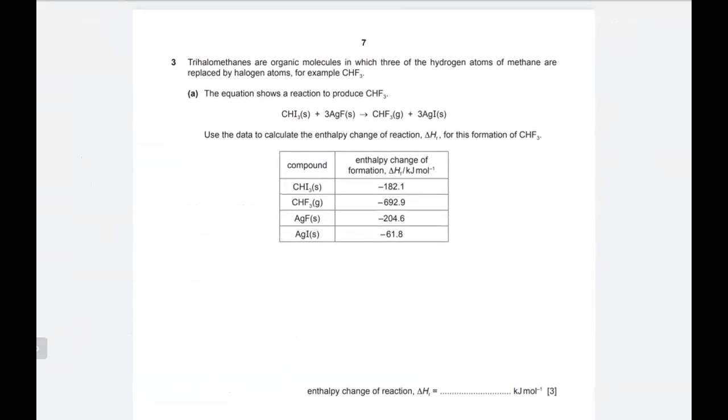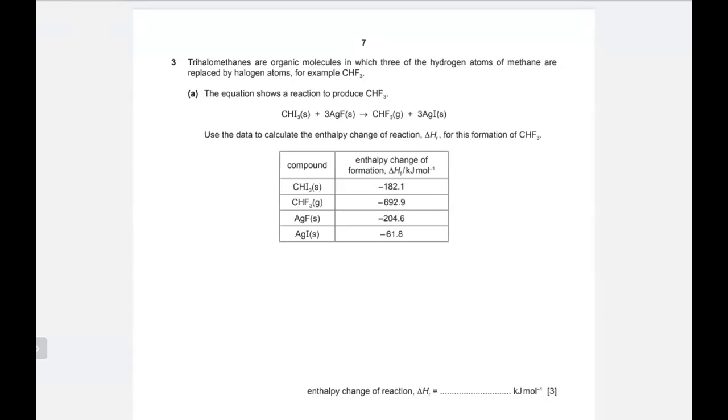Trihalomethanes are organic molecules in which three of the hydrogen atoms of methane are replaced by halogen atoms. The equation shows a reaction to produce CHF3. Use the data to calculate the enthalpy change of reaction for the formation of CHF3.